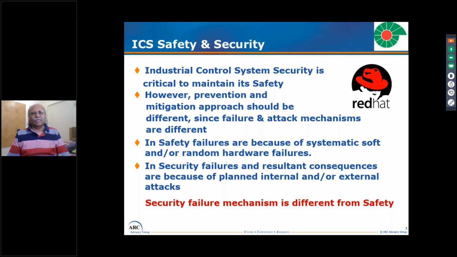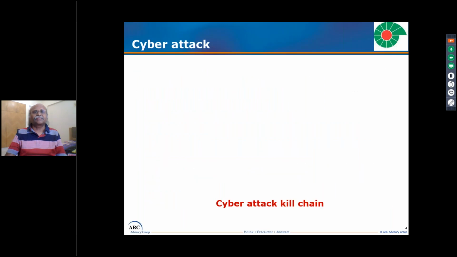But here the whole thing is different, because the attack mechanism is different: a human is mostly behind the attack, and he is going to carry it out. It has nothing to do with random hardware failure. Safety failures are systematic and random hardware failures. Security failures and resultant consequences are because of planned internal and external attacks. Yes, the security failure mechanism is different from safety. So that's the first point. The red hat guy is behind the attack. It is not a hardware failure or a systematic failure.